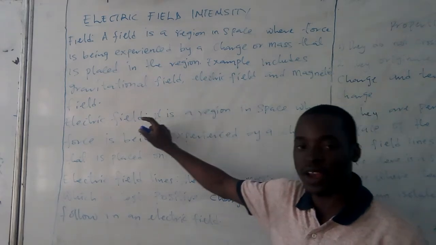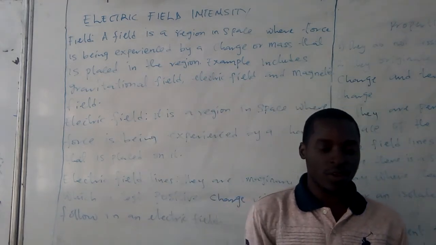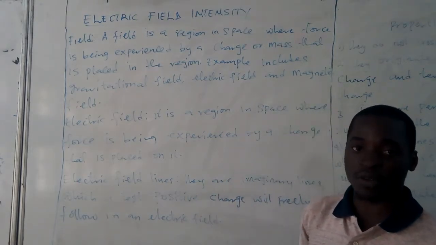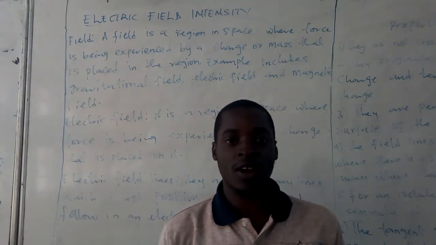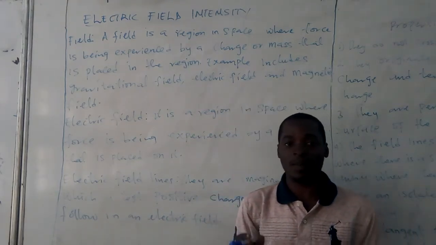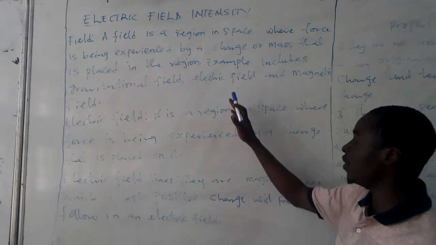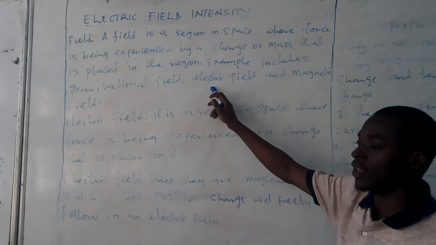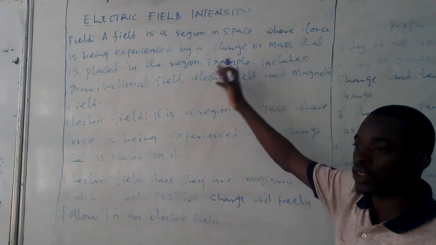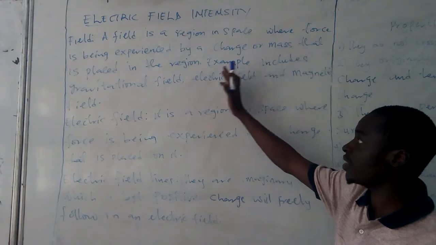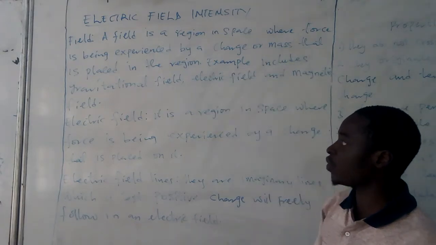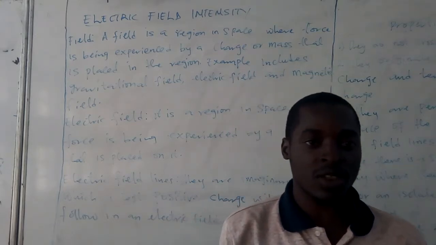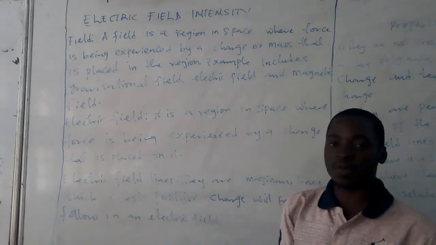Now, an electric field exists when you have two charges. In our previous video, we talked about the test charge and the point charge. We use a test charge to test the field, taking it closer to the point charge, so it will experience a force.